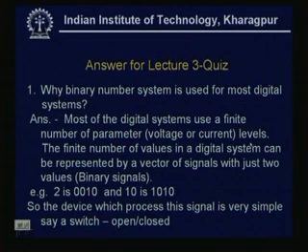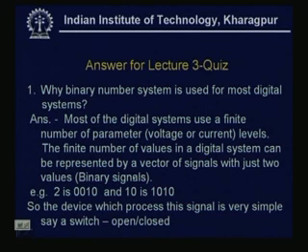Now, as we know, most digital systems use a discrete number of parameter levels, say voltage levels or current levels, and the finite number of values in a digital system can be represented by a vector of signals with just 2 values.